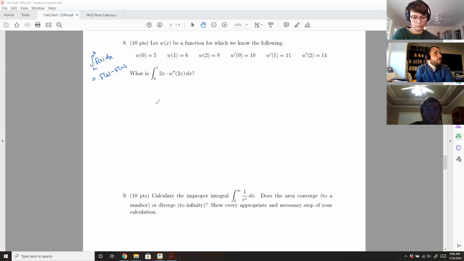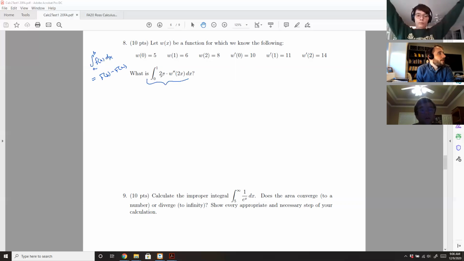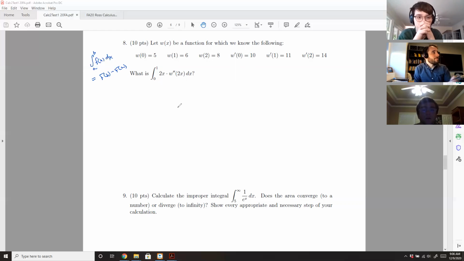So in many ways, our goal is to calculate an antiderivative of the expression in here, and then we want to plug in the endpoints appropriately. So let's give that a try.